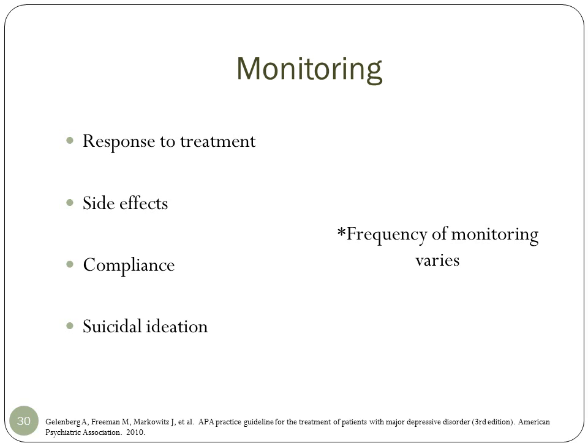In terms of monitoring, there's not a lot that we have to do with monitoring labs or anything like that, or checking levels with these medications. So the frequency of monitoring really varies because we're really checking on response to treatment, side effects, if the patient's being adherent with the medication, and assessing for any type of suicidal ideation. You can check response to treatment using rating scales, things like the HAM-D rating scales, or a clinical interview.